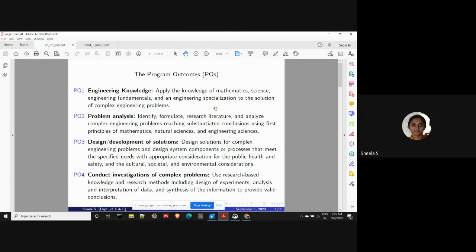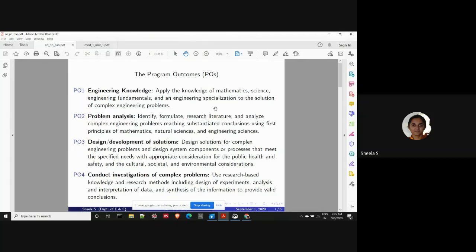The next one: after developing a solution, we have to check whether our solution is correct or not. If it is not correct, once again we have to do redesigning, isn't it? So that is why the fourth PO is conduct investigations of complex problems.